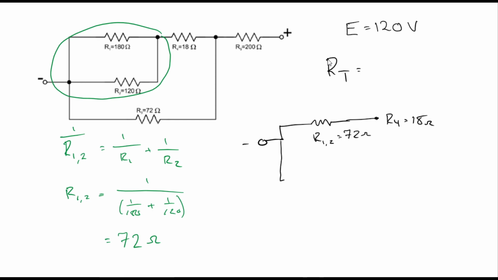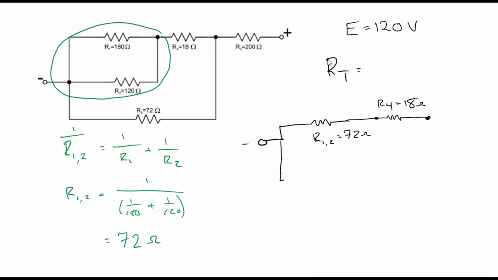And then on the other side, you know what, I have to move where I wrote R4, I've got to draw a little resistor here. So that is R4, which is 18 ohms. And in parallel with this whole thing, if you'll notice that we didn't move or shift R3, I'm going to have to redraw that.